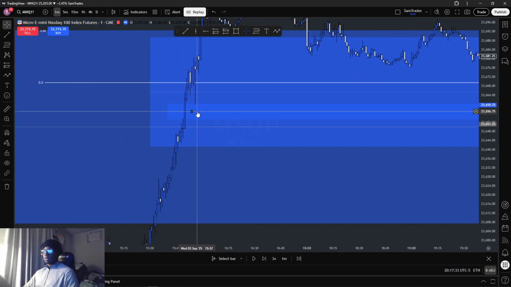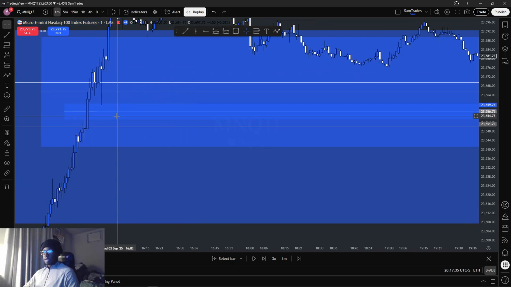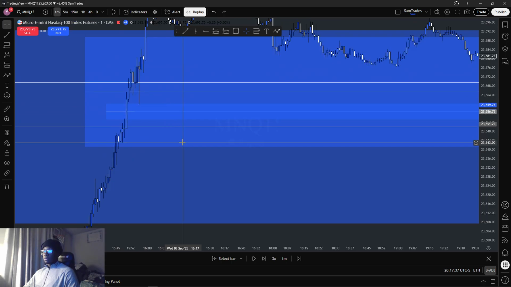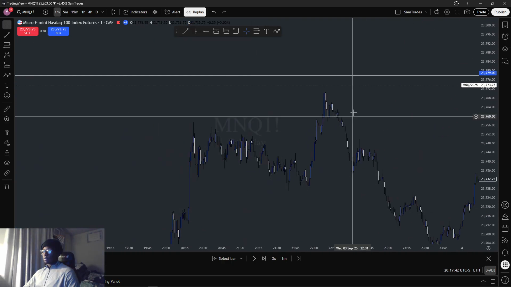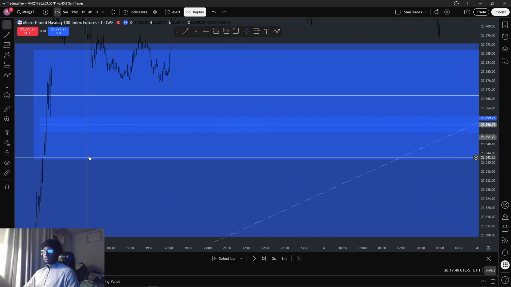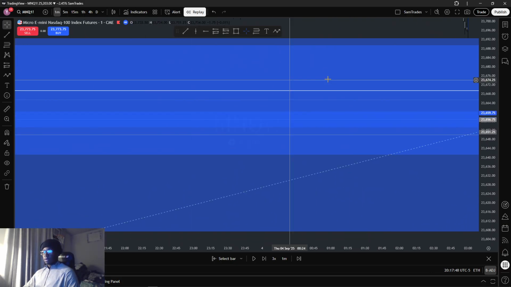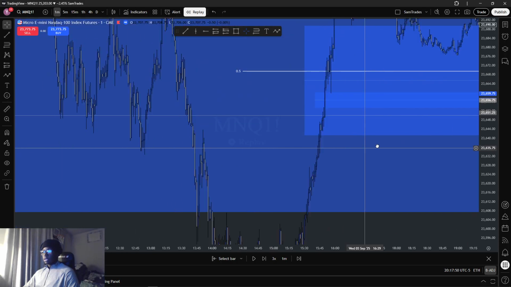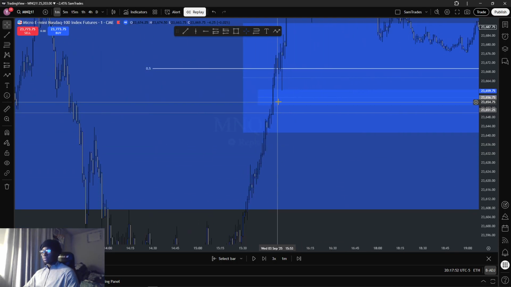But there's a wick right here that tapped into this gap, and it gave me confidence that we could be trading into that gap as we come down from sweeping that high. So I drew that fair value gap all the way across, and I made sure that there were no other wicks like this that price could trade back into.